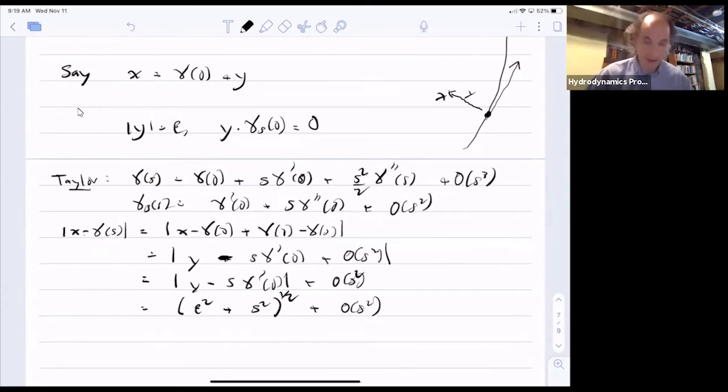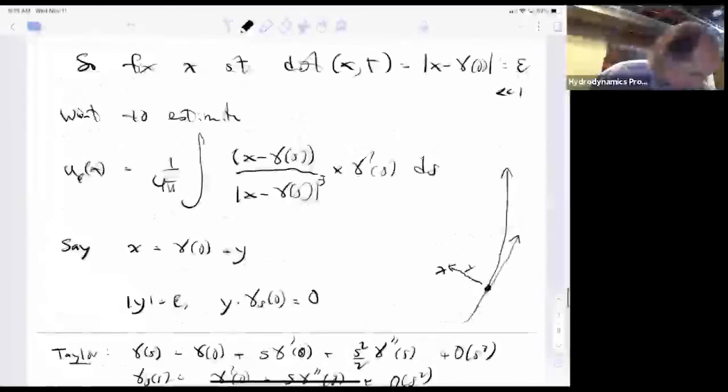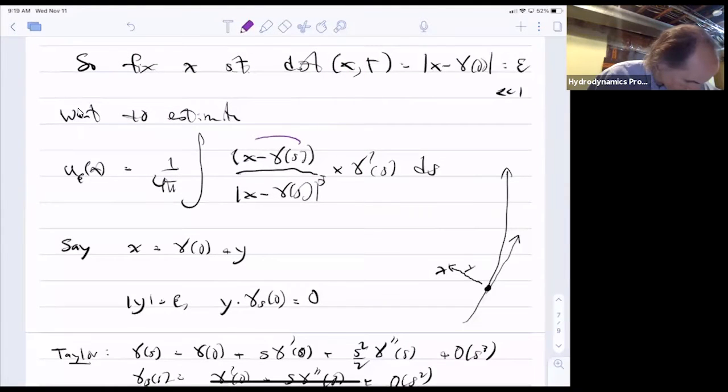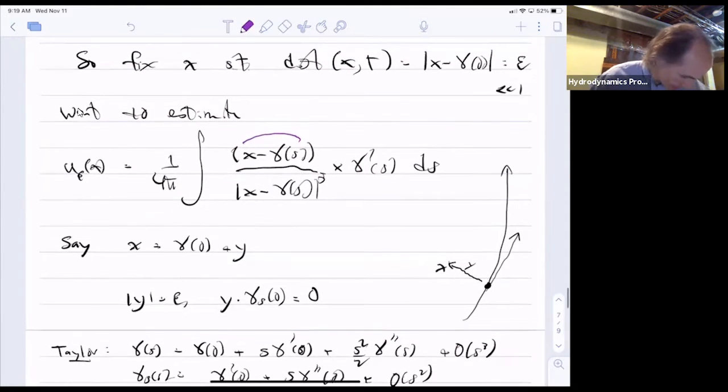Okay, so then let's go back up here and replace these things. So this is what we just computed. This is s gamma sub s of 0 plus s squared over 2 gamma double prime.